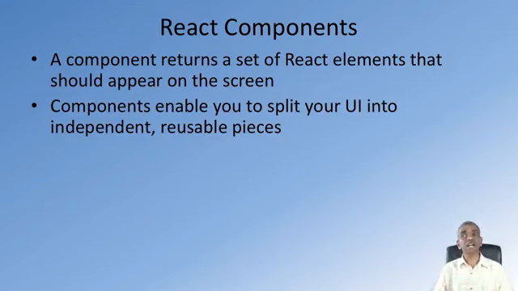So when you define a component which renders a particular kind of user interface part, then that component can easily be reused in your UI wherever you require similar kind of behavior or similar kind of rendering of the part of the user interface.